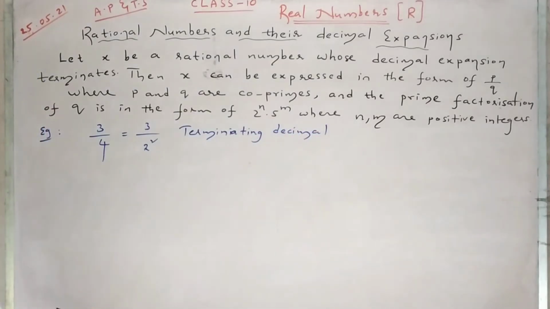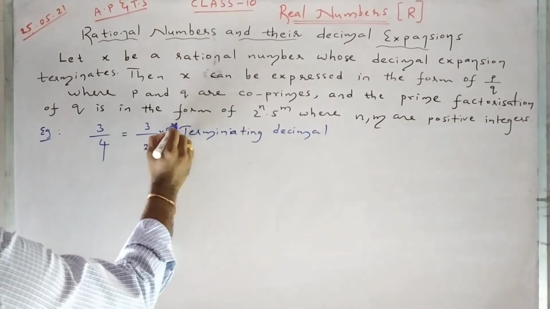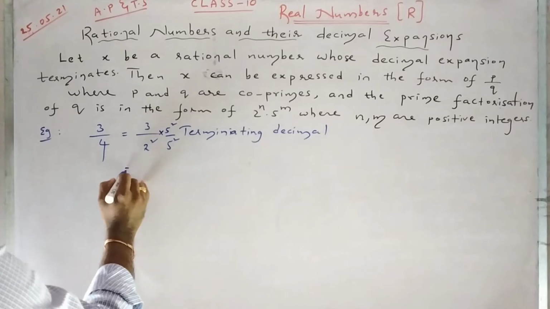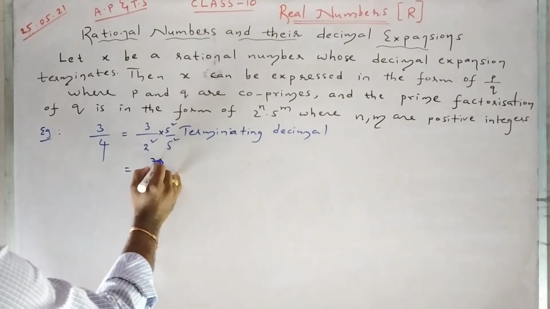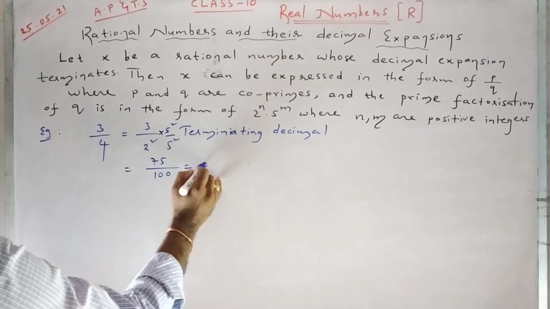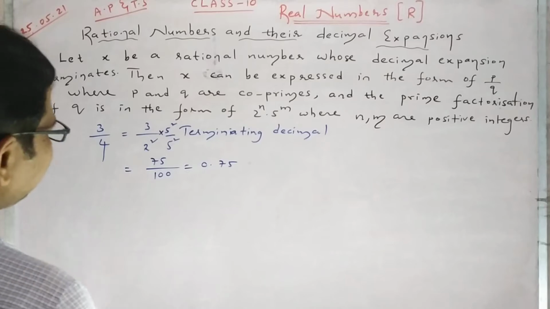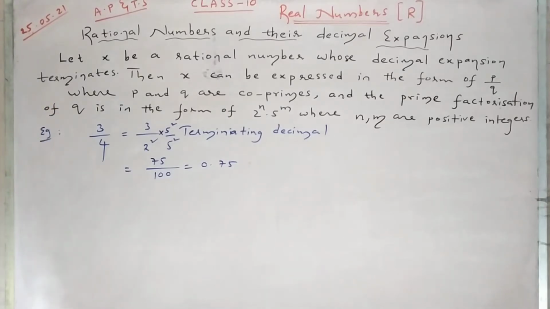Okay, how do we write the terminating decimal? Simple. I'll multiply by 5 square by 5 square. Then 25 times 3 is 75. This will be 10 square, means 100. So we can write 0.75. Without doing any division, we can make the fractions as decimal forms.